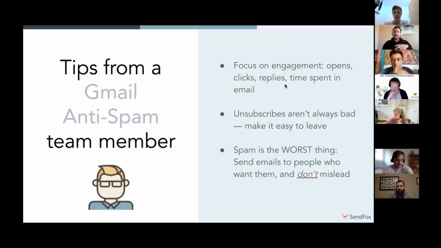So engagement in every facet has become increasingly weighted. Another thing is unsubscribes aren't always bad. Gmail has placed less weight on unsubscribes as time has gone by. And of course, we want to stay within those thresholds we mentioned. But they mentioned if you're making unsubscribe easy to accomplish, then you're doing your job.